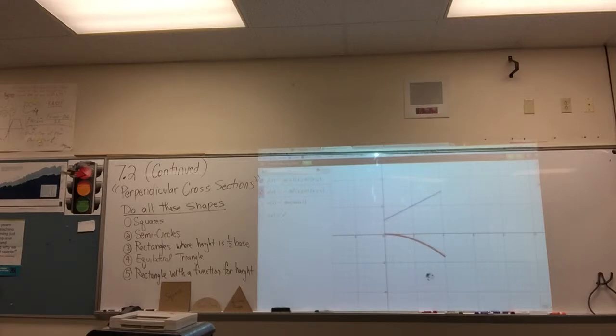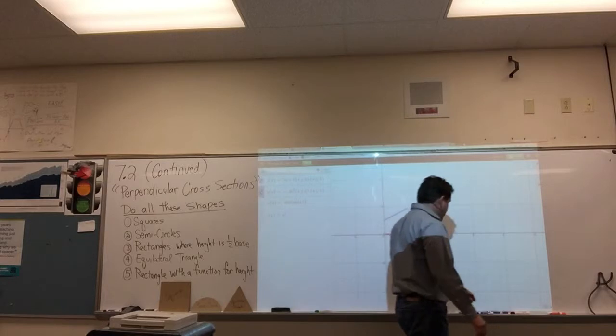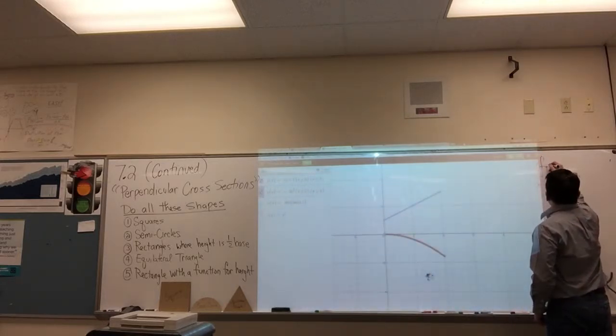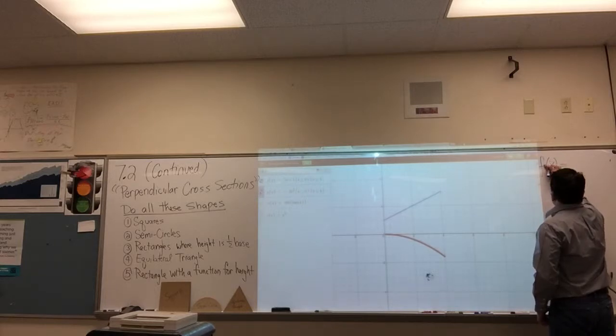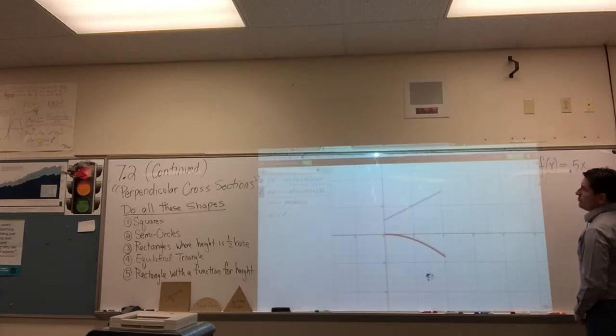Okay, so in your notebook, in a brand new section, here's what I want you to do. Let's identify two functions. One is f of x, and it's the line. So it's 0.5x plus 1.